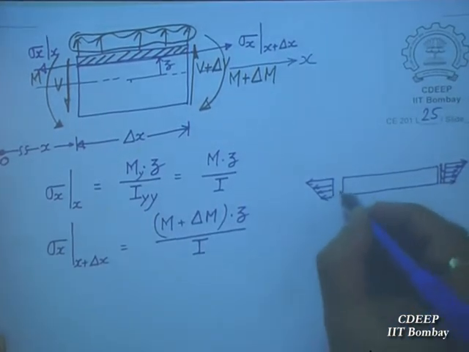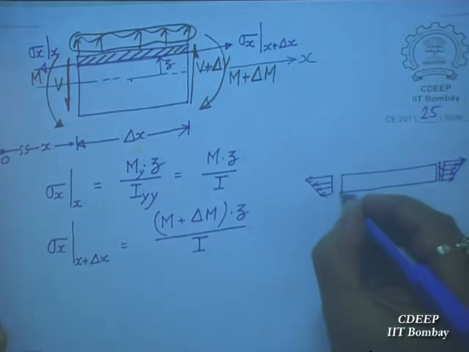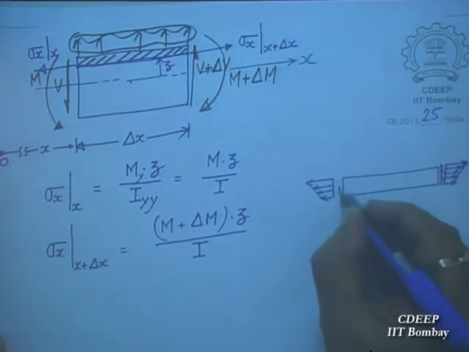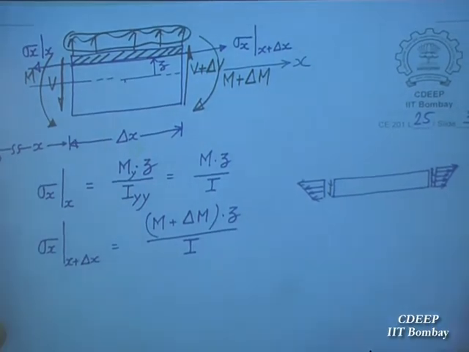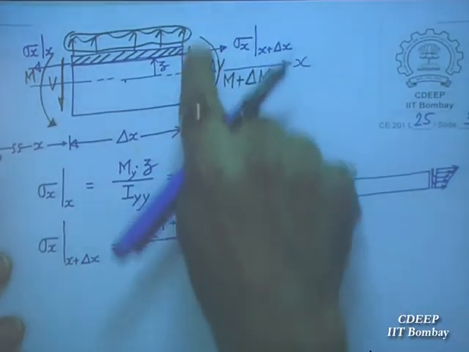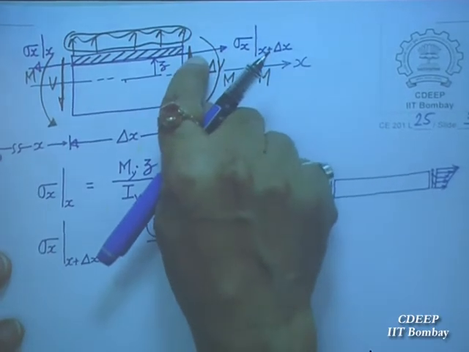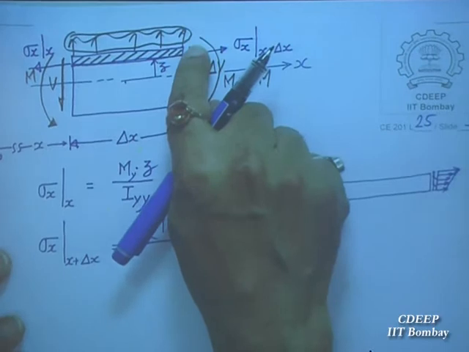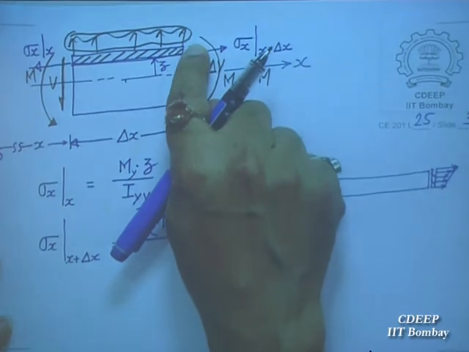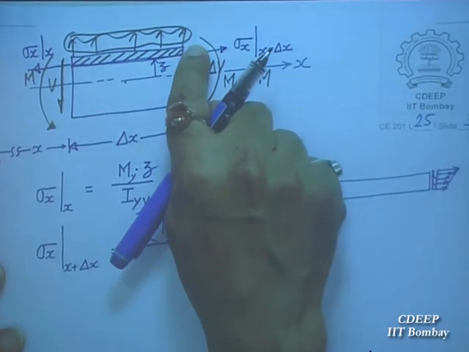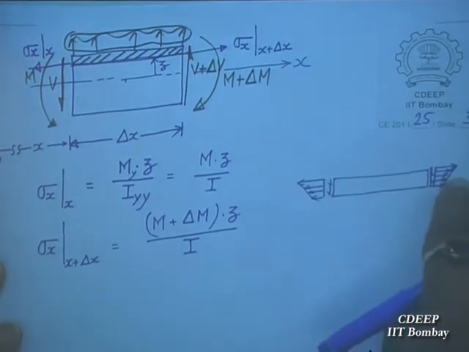Because there is a shear force, there will be some shear stress at this point, and we do not know the variation, so there has to be some shear stress. Vertical on this plane, what is the positive shear? V is going upwards, so the shear has to be, shear stress means V divided by area of cross section. How do you get V? By integration of shear stress over the area. Integration of shear stress over the area, you get the shear force. So there will be some shear stress distribution, there will be normal stress here and here.